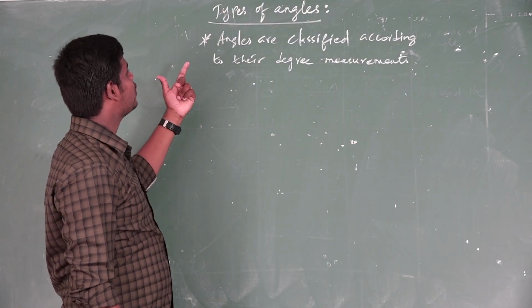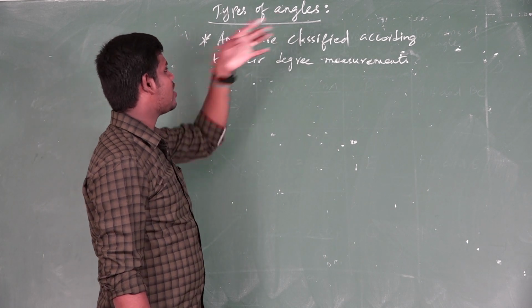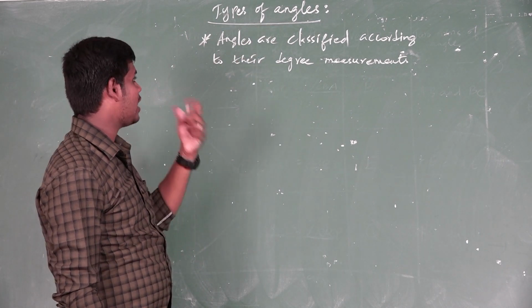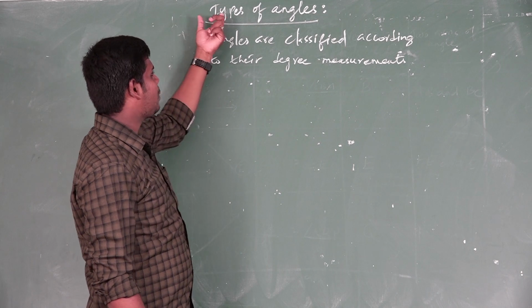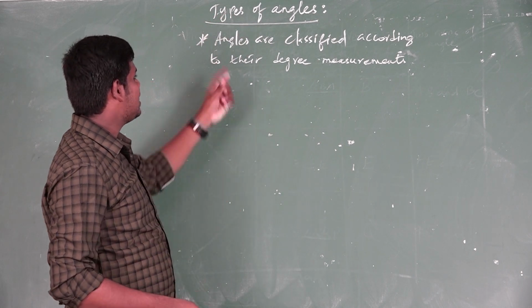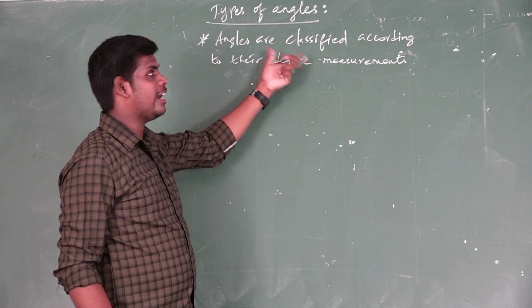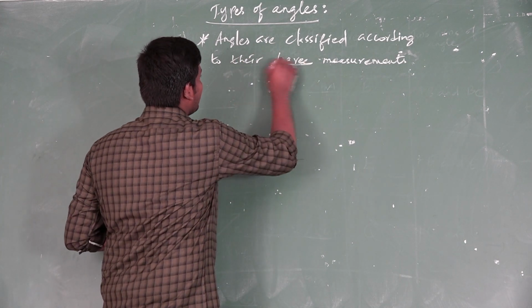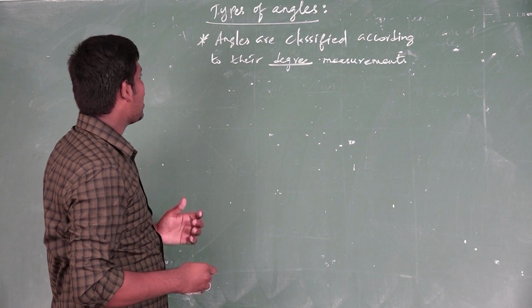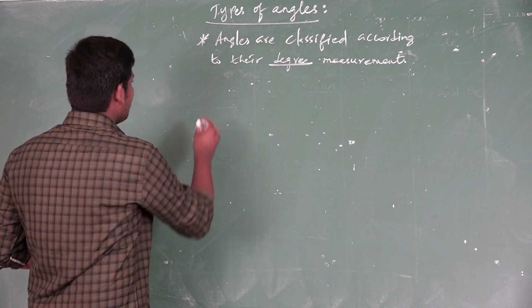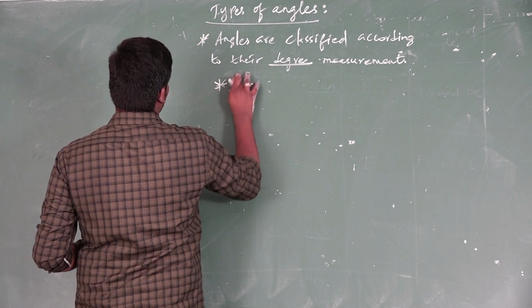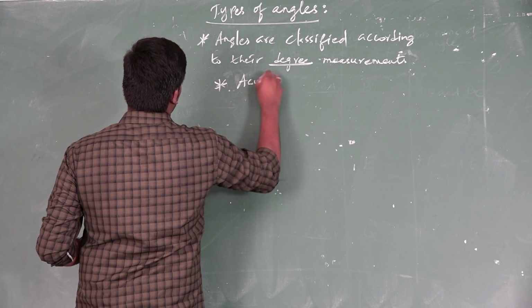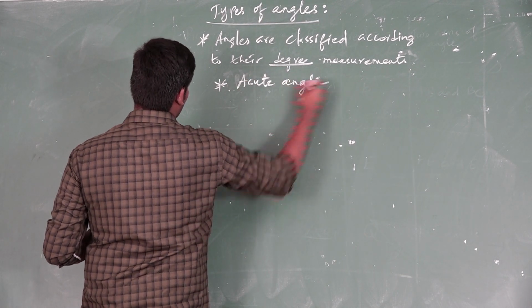Next we are going to discuss the types of angles. Already we learnt about angles. The next topic is types of angles. Listen, angles are classified according to their degree measurements. So we have different types of angles. First one is the acute angle.